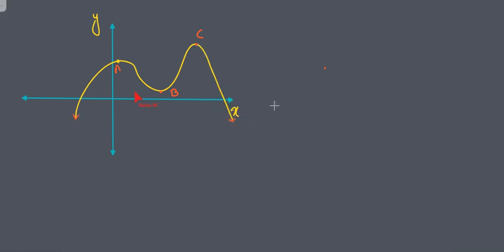Now, as you can see from the graph of the function, point A and point C are local maximums, right?